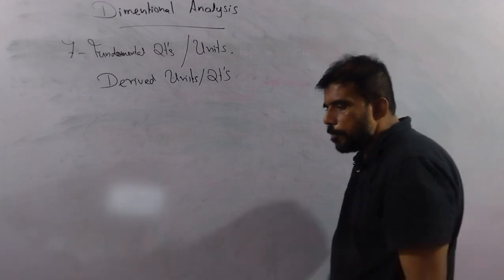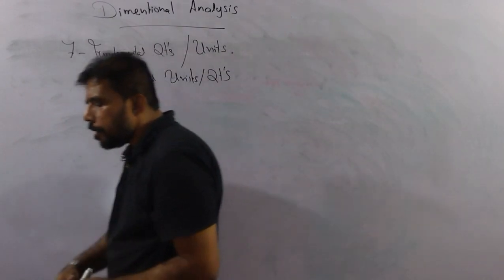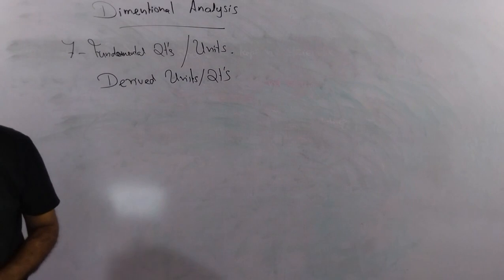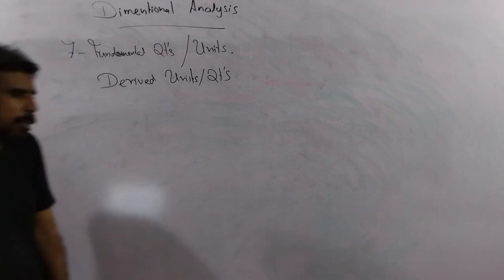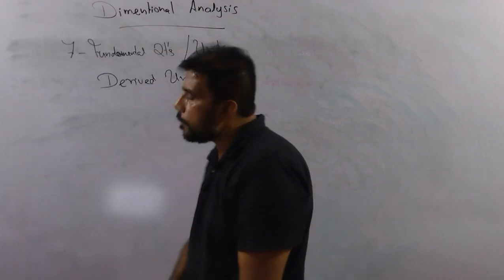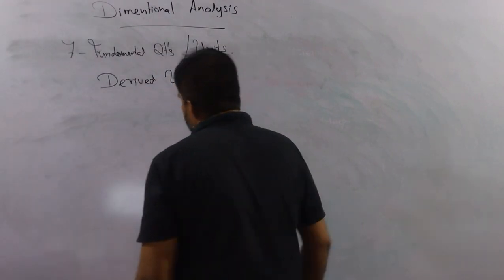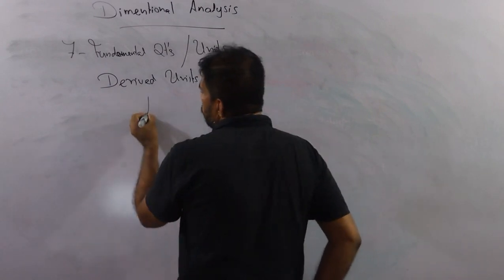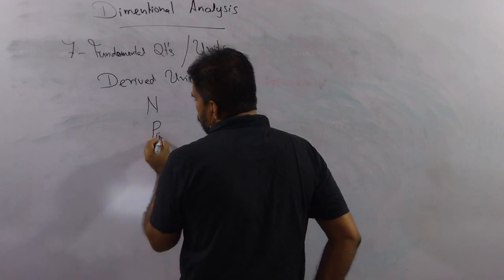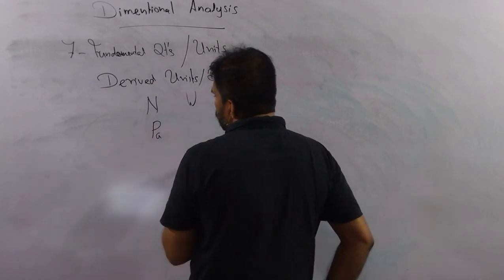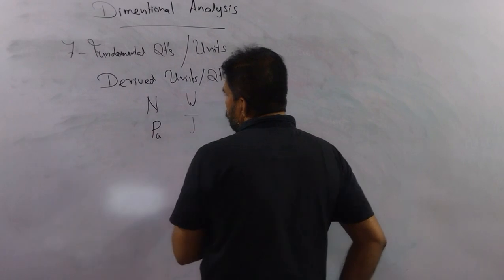So mainly, when we want to analyze the relationship between derived units and fundamental units, for example, there are specific derived units with specific names like Newton, like Pascal, like Watt, like Joule, like Hertz.